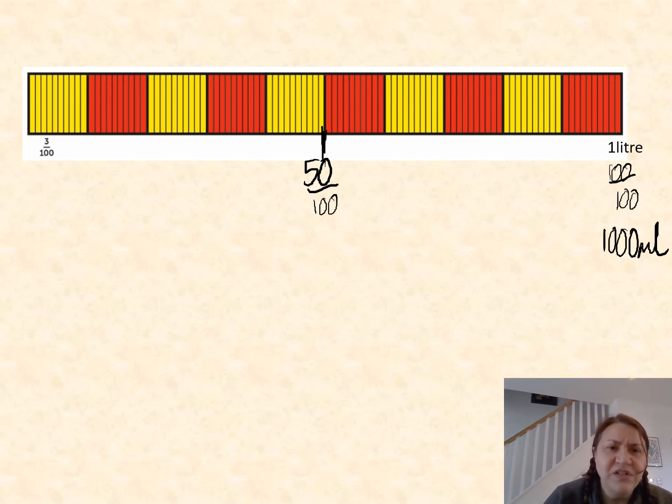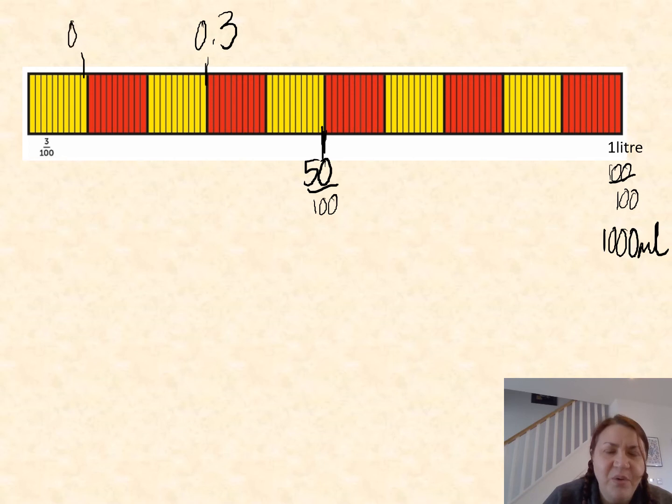So what was our 0.3 can stay as 0.3, but this time, instead of being 3 out of 10, we could also say it's what out of 100. That's not 0.3, is it? Why did I put 0.3 there? Let's try that again. So 0.3 would be here, wouldn't it? That was our 0.3.